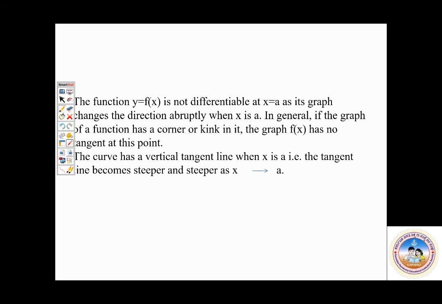Next, f of x is not differentiable at x is a. Idu very important. ಏನಂದ್ರೆ ಗ್ರಾಫ್ ಡ್ರಾ ಮಾಡಿ ಡಿಸೈಡ್ ಮಾಡಿಬಿಡಿ. Not differentiable at x, its graph changes the direction abruptly when x is a. In general, if the graph of the function has a corner or kink in it, the graph of f of x has no tangent at this point. What is that? Nodi, modulus of x graph nodidira.